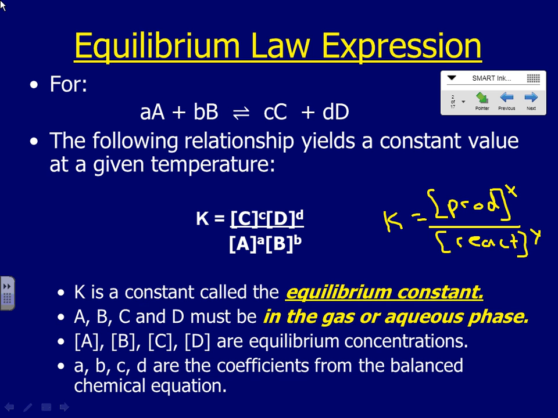So you can only put gases or aqueous solutions in this equation. You actually ignore, or do not put in, solids or pure liquids. They are the equilibrium values, so they will be found on our E line. These are all the E numbers. And a, b, c, and d are the coefficients from the balanced chemical reaction.